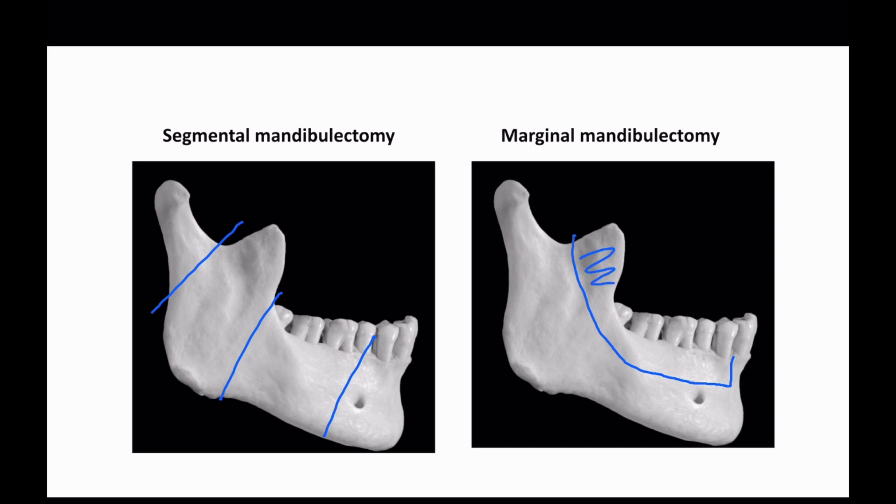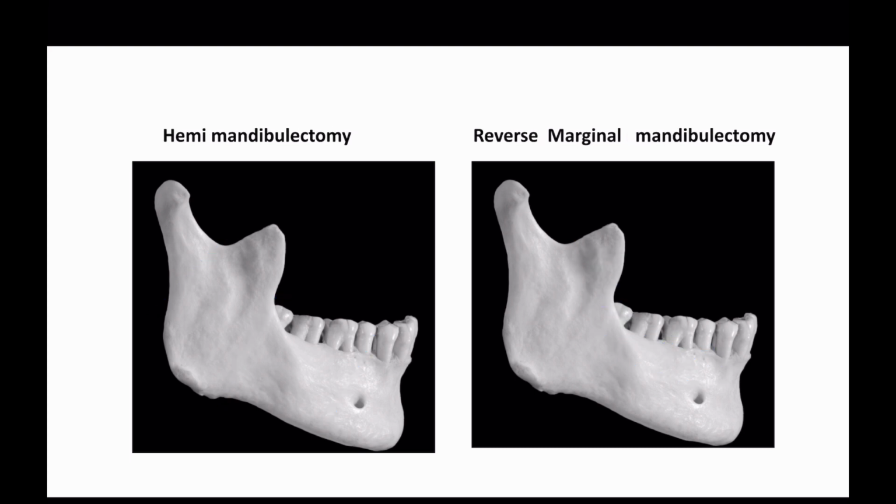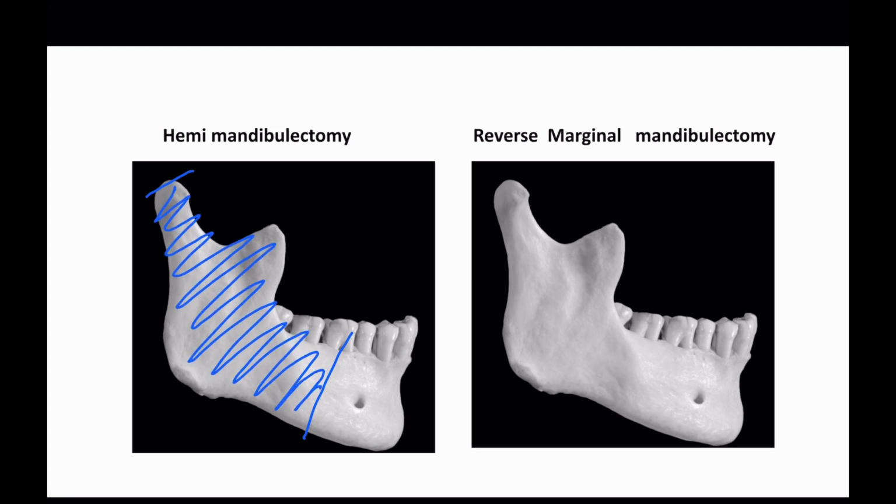The cut may be horizontal or oblique. Hemi means removal of part of the bone with both processes, usually done in high-grade disease when erosion is close to the process or there is involvement of the inferior alveolar nerve. Reverse marginal mandibulectomy is done for a level 1 lymph node which is fixed to the mandible. Here the lower border of the bone is removed.